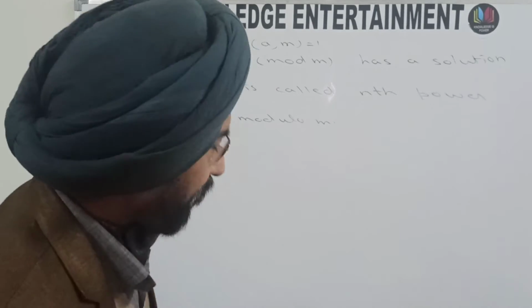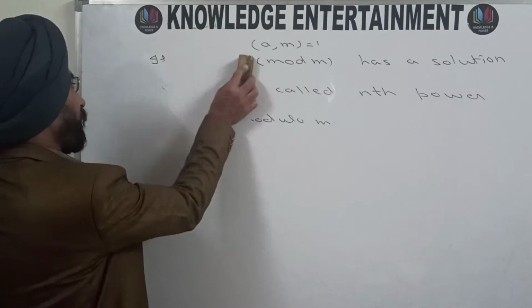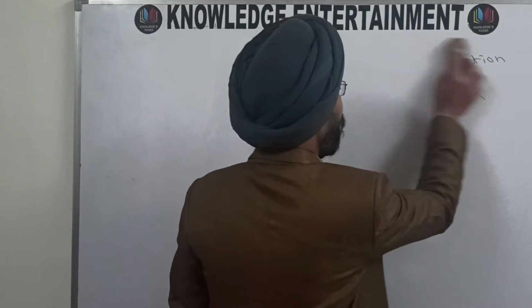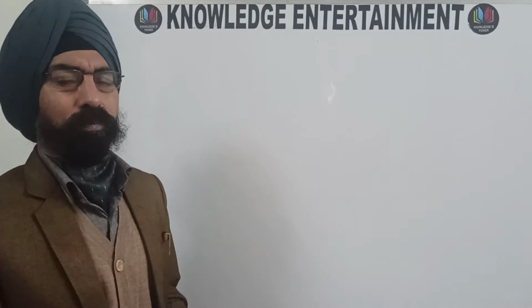So this is another useful definition, may be used, may not be used, but it is a must to know what it is called if the power 2 in x squared is replaced by 3, 4, 5 and so on, or in general n.